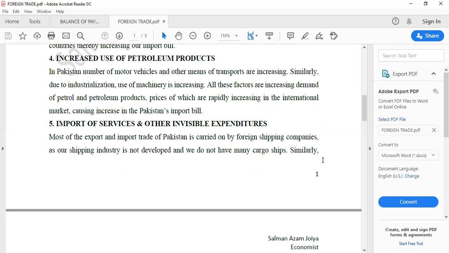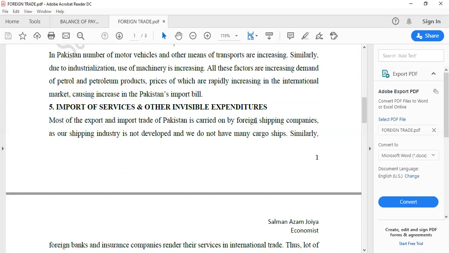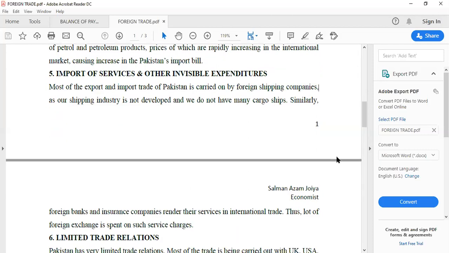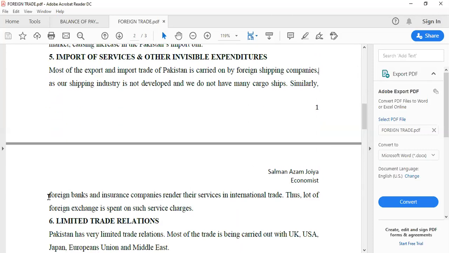Fifth is import of services and other invisible expenditures. We import services through foreign shipping companies. For instance, we import the sort of services which are related to foreign banks.